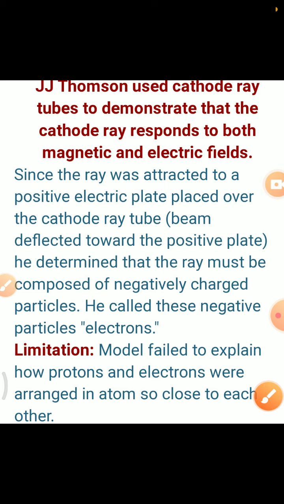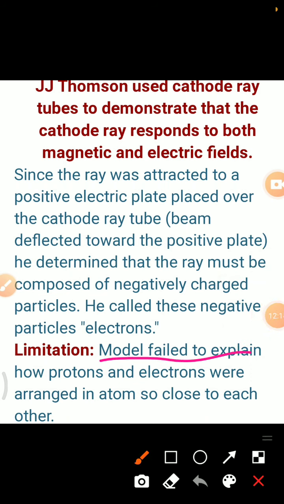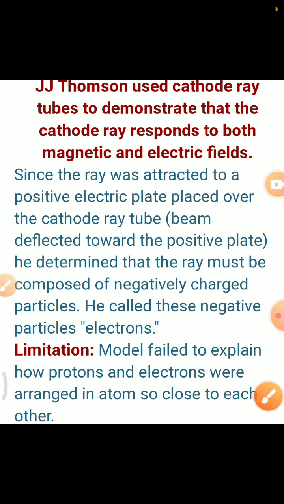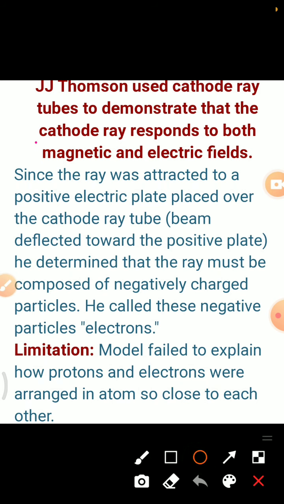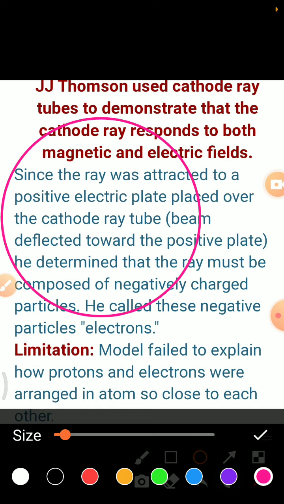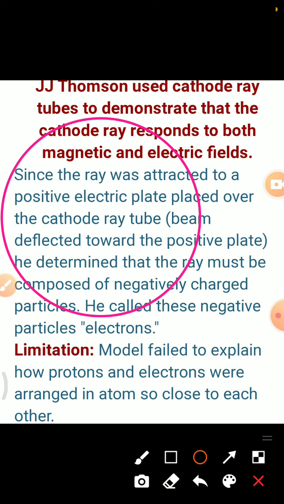Now, limitations. Why did this fail? The model failed to explain how protons and electrons were arranged in an atom so close to each other. If this is an atom, there is a nucleus inside it which is composed of protons plus neutrons.